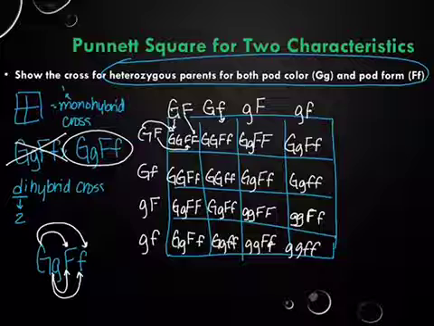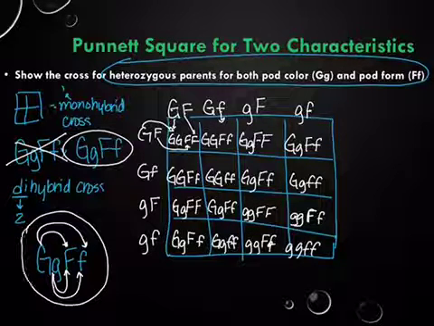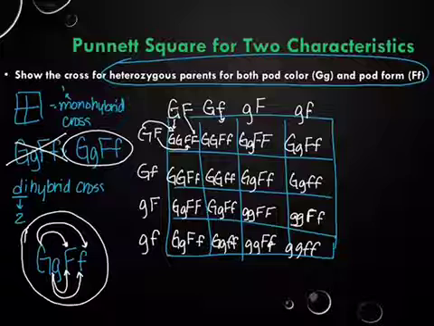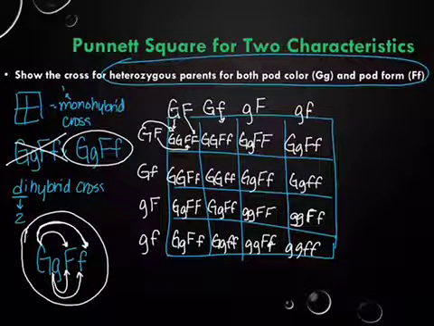So that would be how you fill out that dihybrid cross. And probably the trickiest thing is figuring out your parent alleles. But if you kind of do that distributive property kind of thing, it seems to work pretty well.